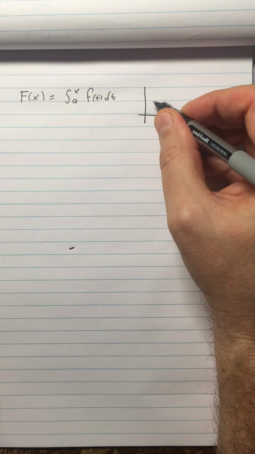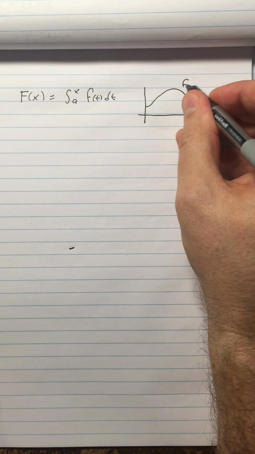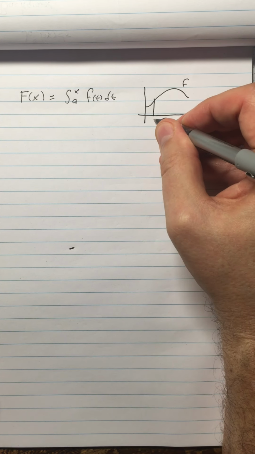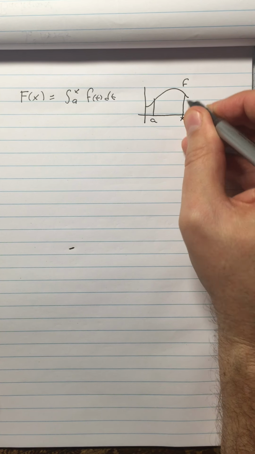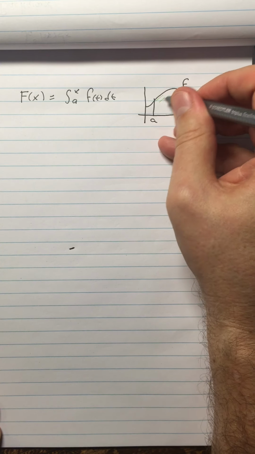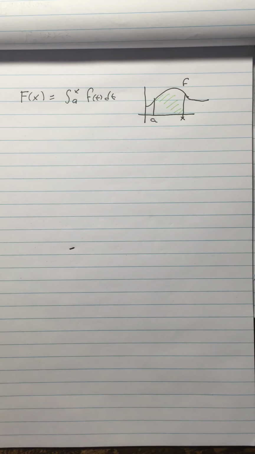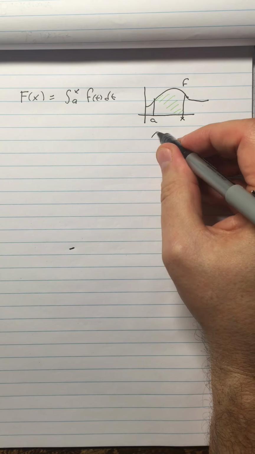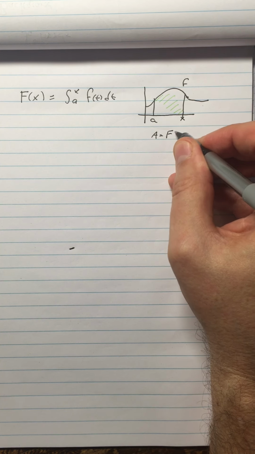I have a function little f, and if I go from A to some point x, and I look at that area in here, then the area is what is meant by capital F of x.